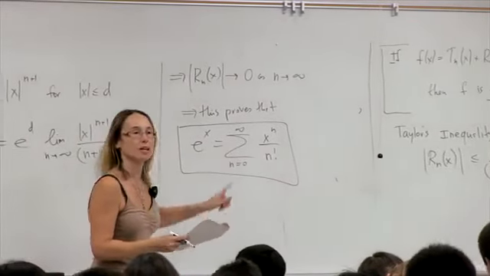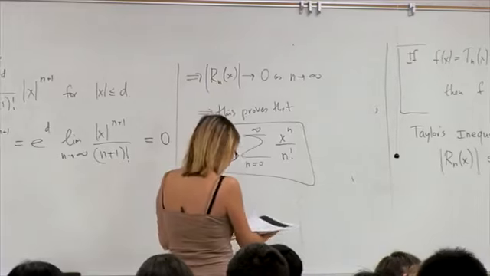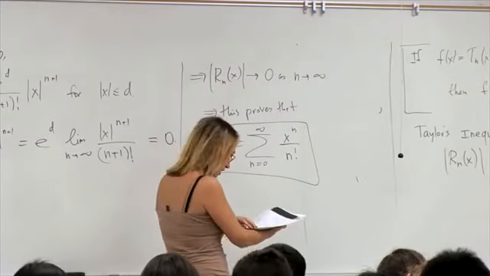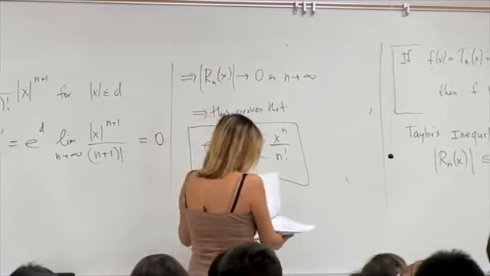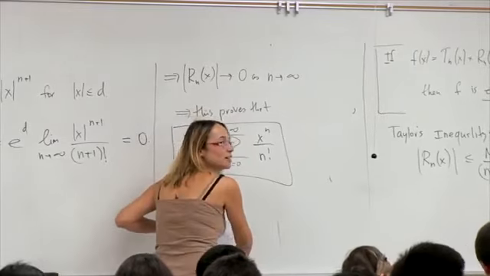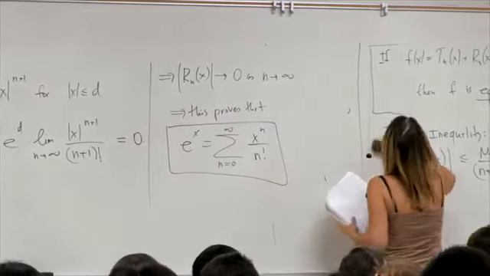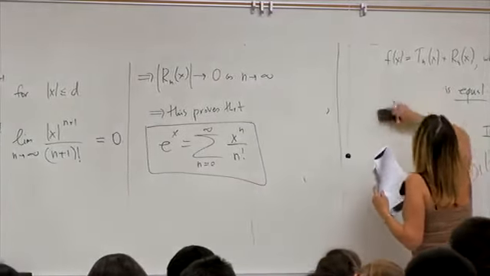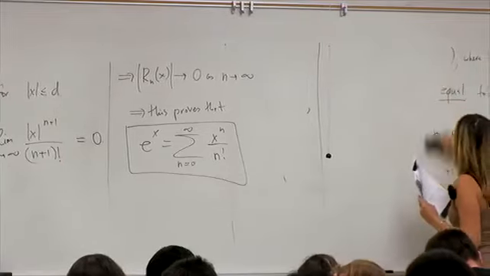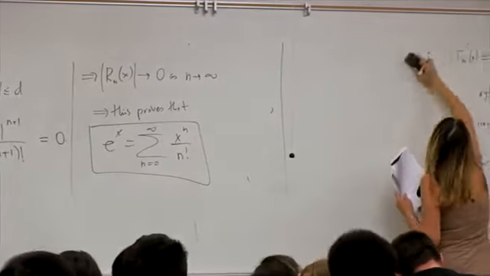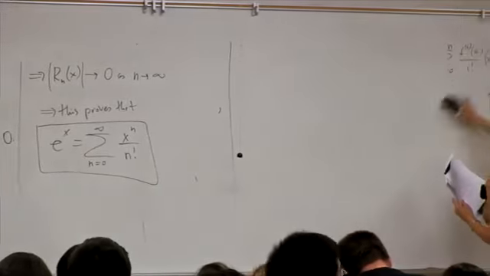I'll show you today what we can do with this, just for this particular function, the exponent. Okay. So I want to show you some other Taylor series of different functions. You will see that it's sometimes quite easy to calculate them.